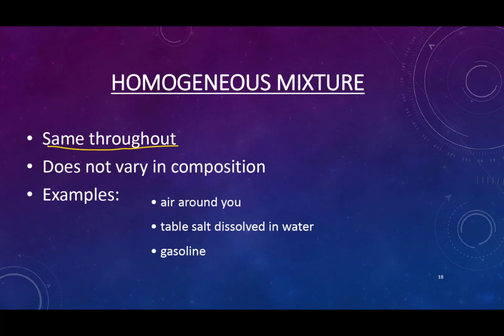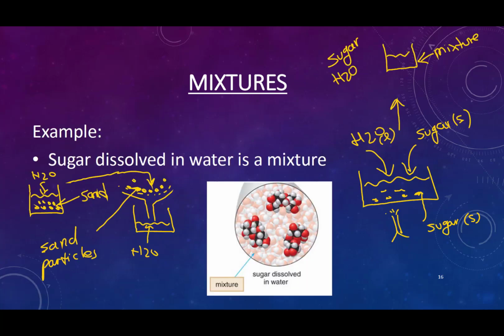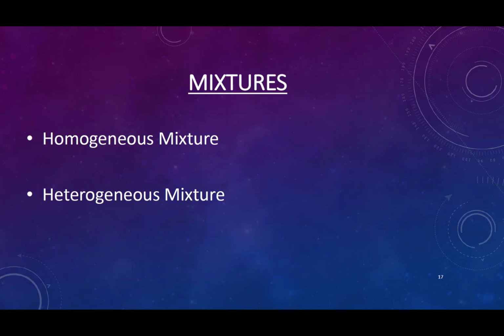For example, if you go back to my previous example where I warm up the sugar and water, all the sugar completely dissolves in water. That's a homogeneous mixture, which means everything is the same throughout.